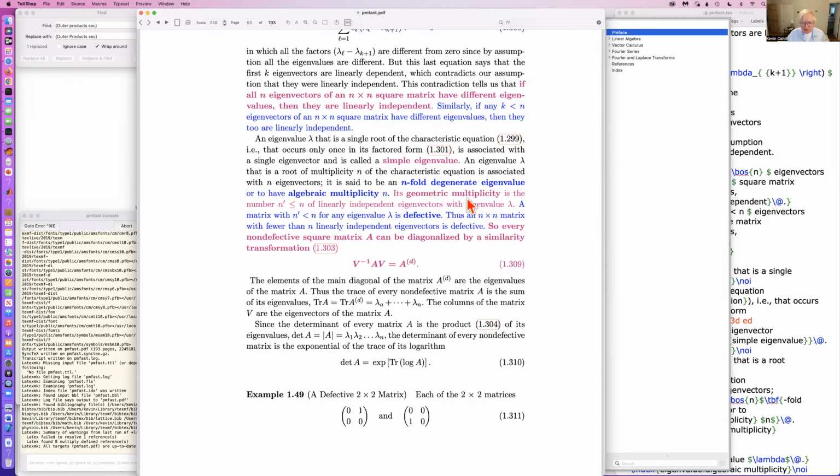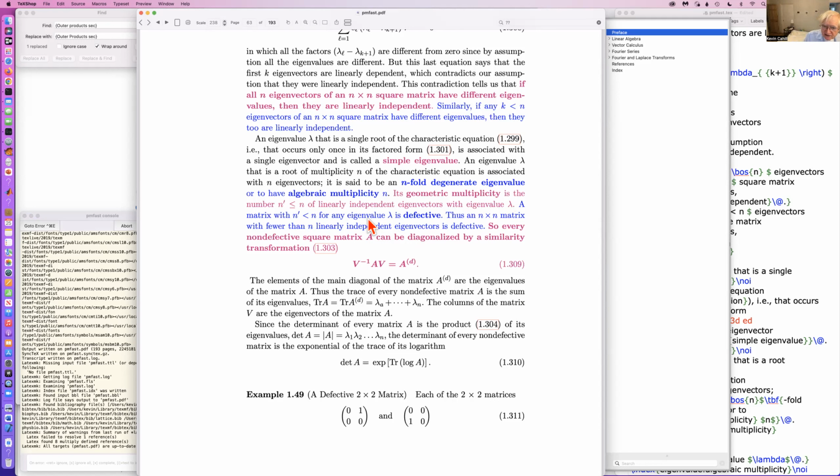The geometric multiplicity, though, is the number of linearly independent eigenvectors with that eigenvalue. And a matrix with n prime less than n for any eigenvalue n is defective.